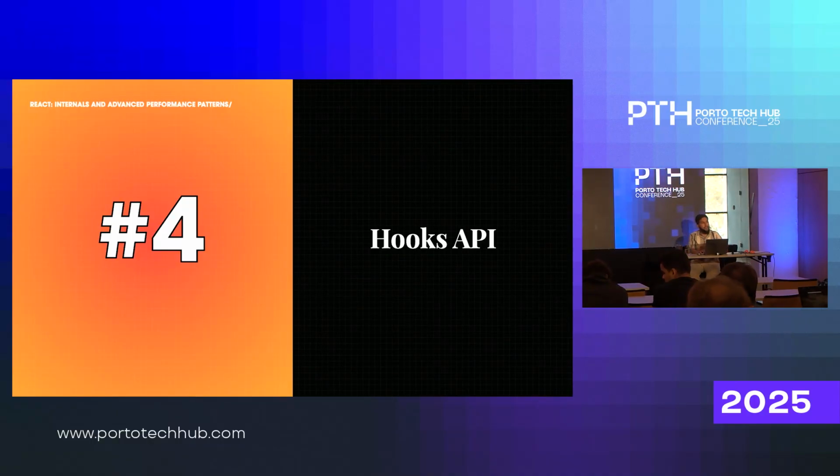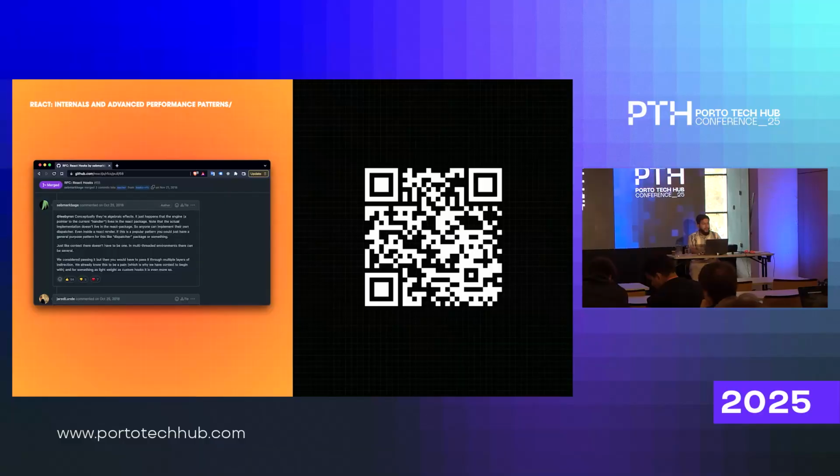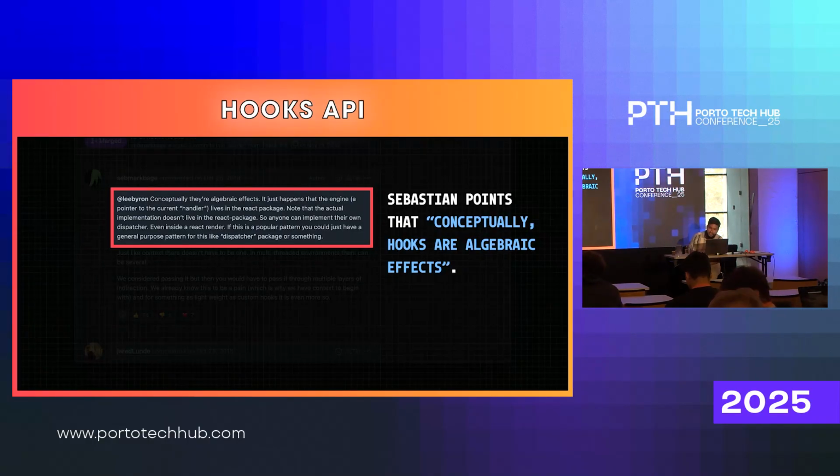directive. And then years later, in the hooks API, if you check the RFCs that introduce the concept of React hooks and those initial hooks like useEffect and useState, in the discussion thread, Sebastian also mentioned that in his reading of what an effect handler is, hooks are actually algebraic effect handlers.